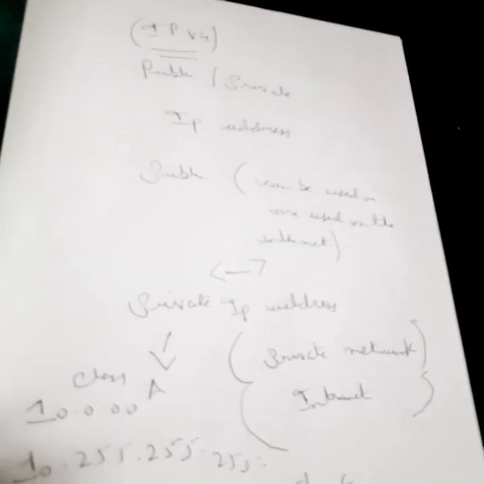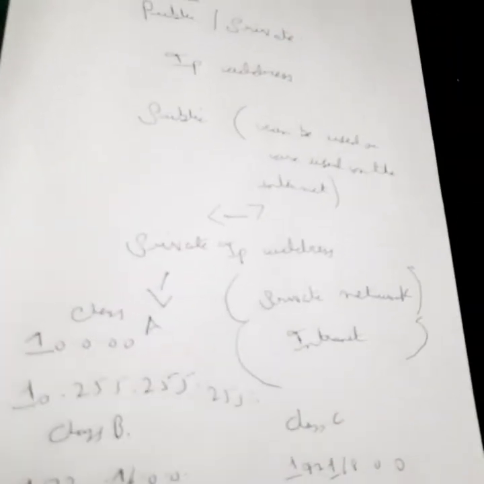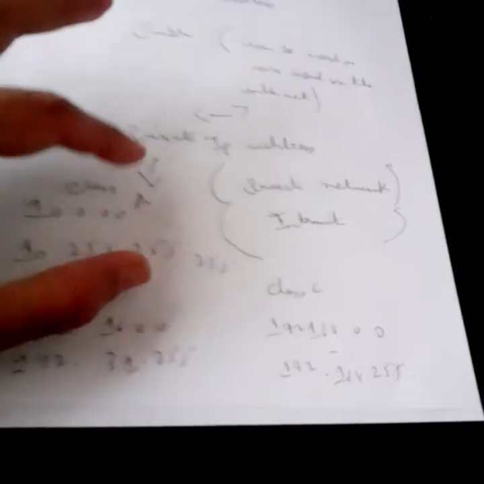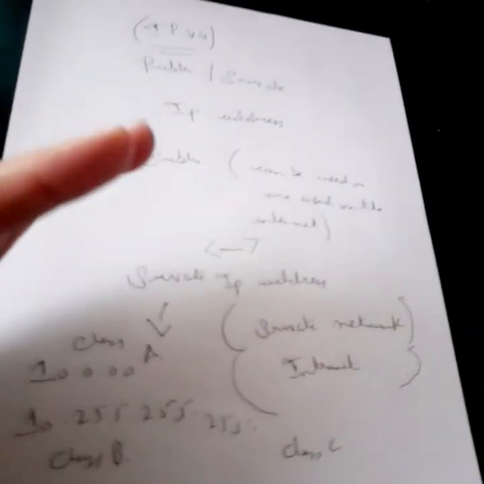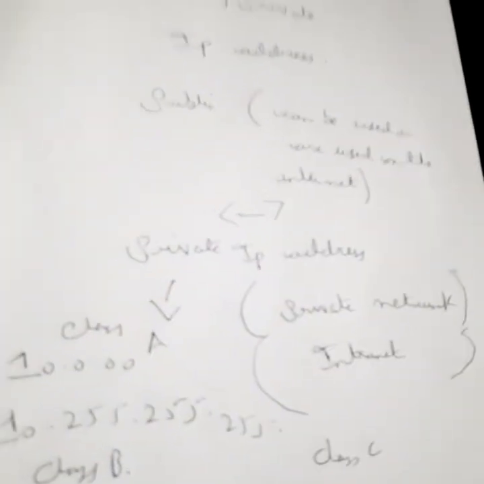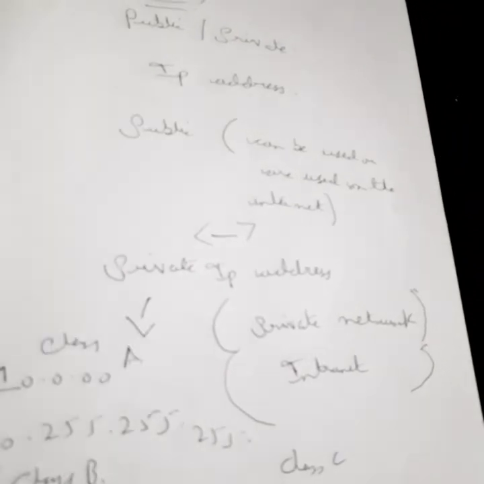The rest is really easy. Any ranges apart from these, class A, B, and C, are going to be public IP address ranges.